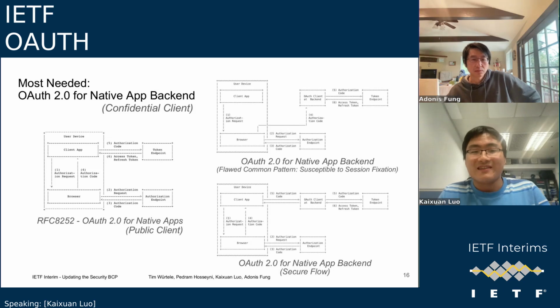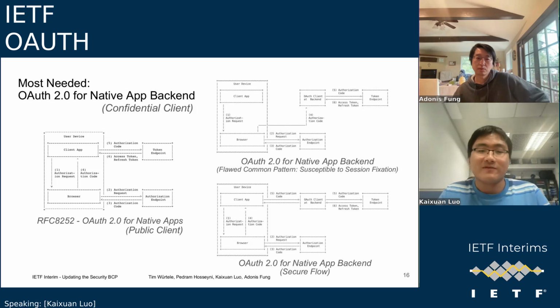So in particular, the OAuth pattern on the top right of this page should not be suggested, right? Because this is intrinsically vulnerable to session fixation. Instead, we need a secure pattern, where the authorization code and state should be handed in, not directly in this external user agent, but returned first to the client app, back to the native app, and then returned to the OAuth client at the backend by the native app itself, because it is where the session exists.